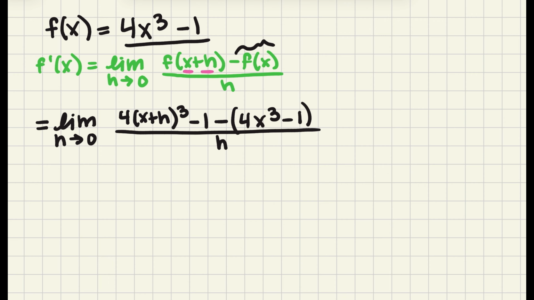Yes? Okay. And just like the previous example, we're going to distribute this right here. Same thing as last time, it's just this added 4 right here. Okay, so that's going to look like this.